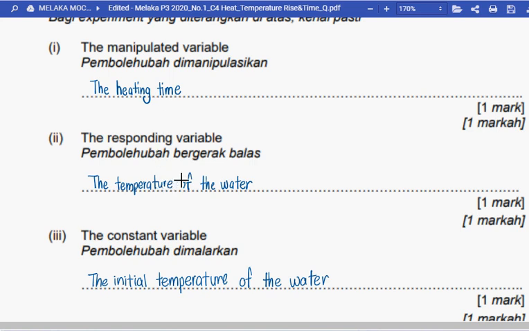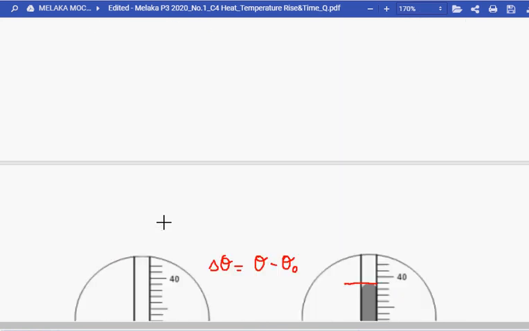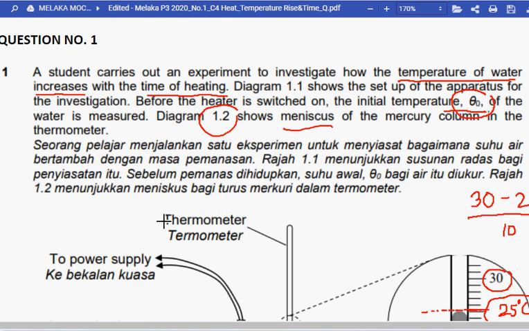Is this correct? Now, in order to get the best answer, normally the manipulated and responding variables are given in the first sentence. We check whether it is given or not. First sentence, there. You see? A student carries out an experiment to investigate how the temperature of water increases with the time of heating.